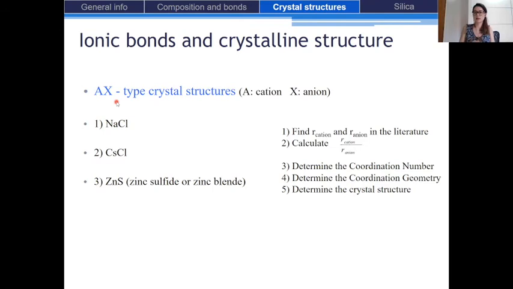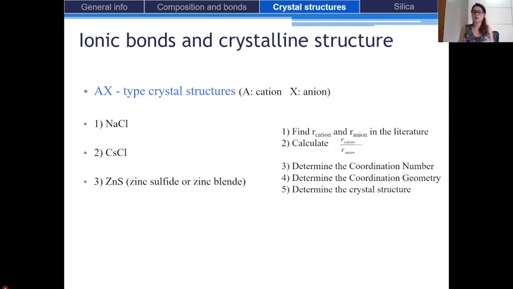step by step in order to determine the crystalline structure of these ceramics. Let's remember, first of all, you will find the radius of the cation and the radius of the anion in the literature. Then you will calculate the ratio between the radius of the cation and that of the anion.